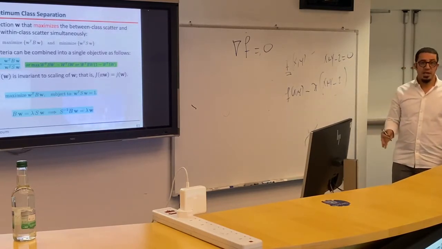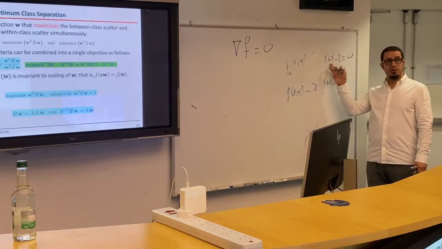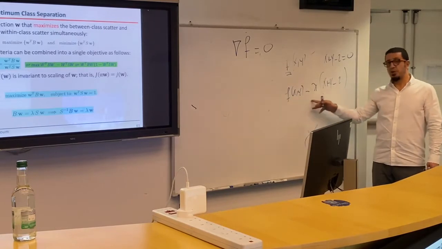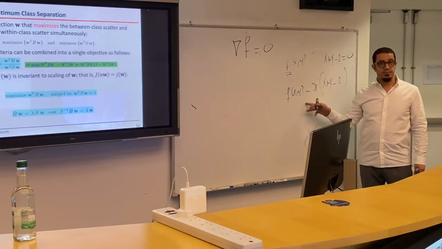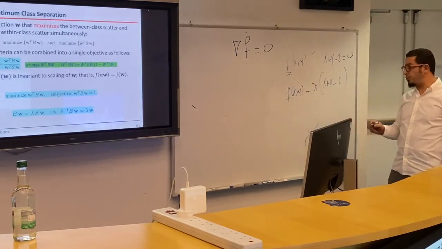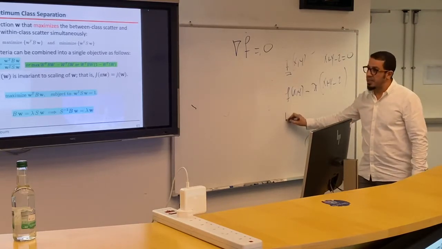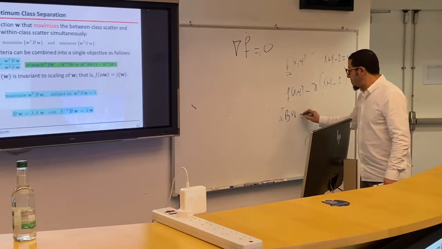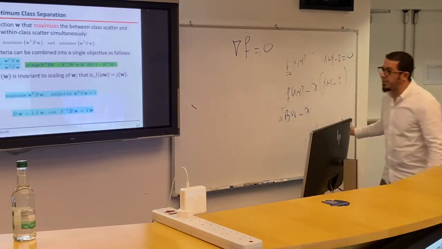So what does it mean here? Usually, if we satisfy the conditions, when you put it here, it becomes 0. But to get it, you have to take the gradient of this. You got the idea? So what will be here? If we do here, for example, what is this one here? B W minus lambda. What is the constant here?